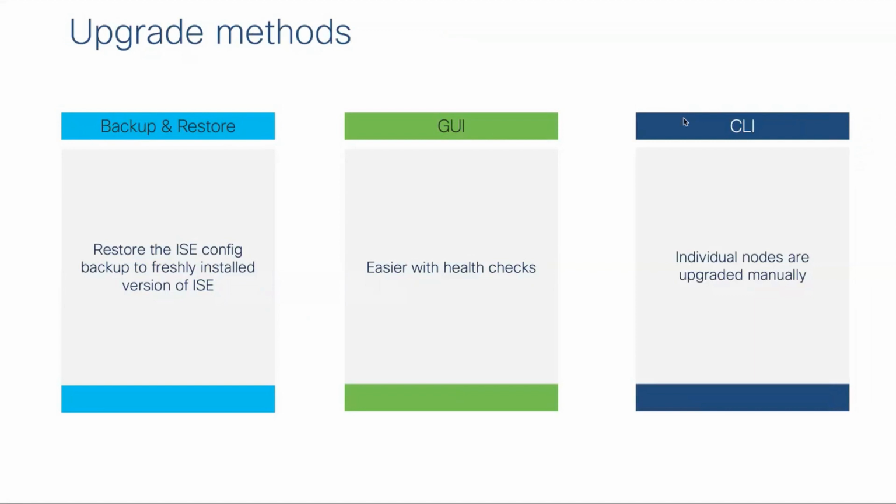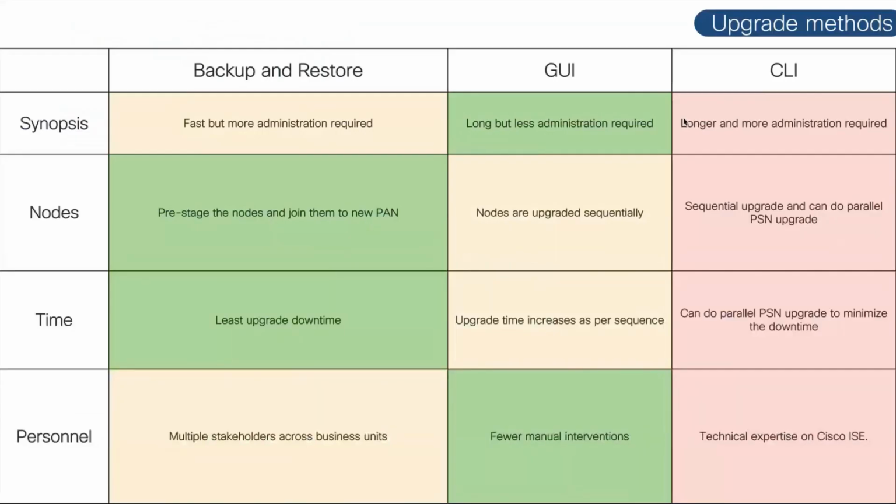While backup and restore, GUI, and CLI each have their own pros and cons, I wanted to take a moment to tell you the differences or the comparison amongst these three options. As I said earlier, the CLI was the least preferred one, whereas backup and restore and GUI each have their own pros and cons.